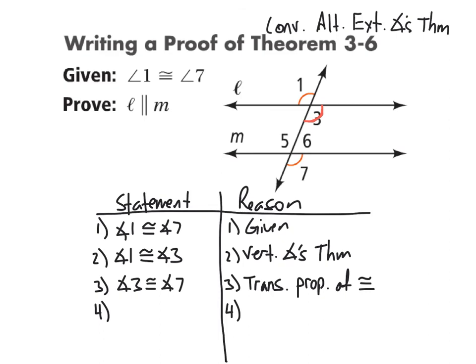Yes. Therefore, the lines are parallel. So says the converse of the corresponding angles postulate. Our corresponding angles, angle 3 and angle 7, are congruent.